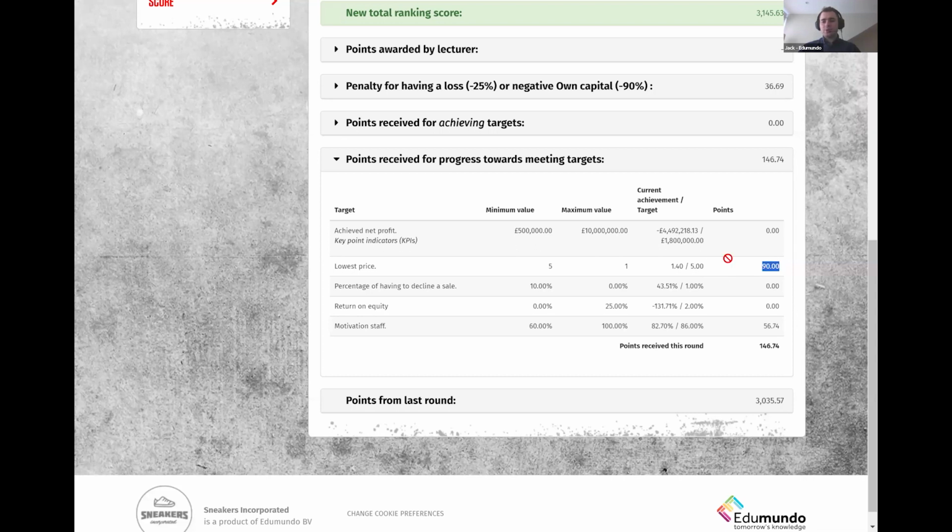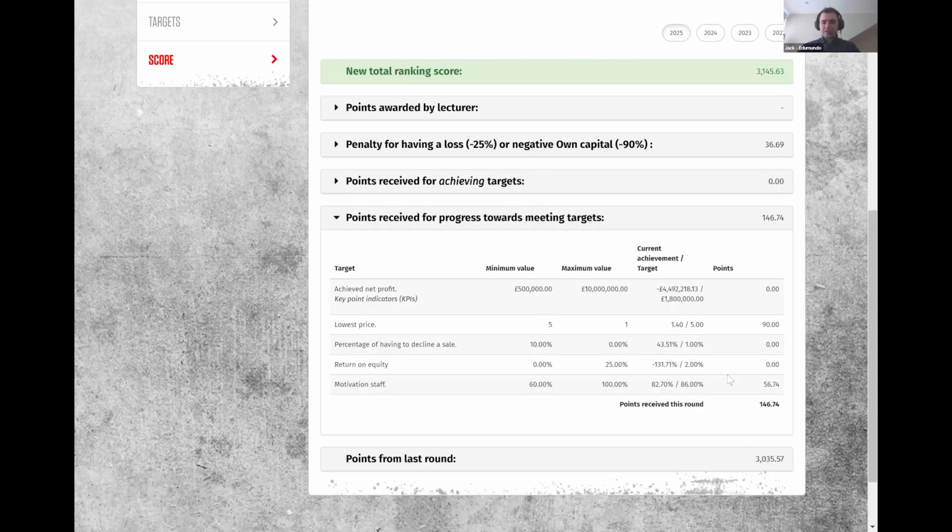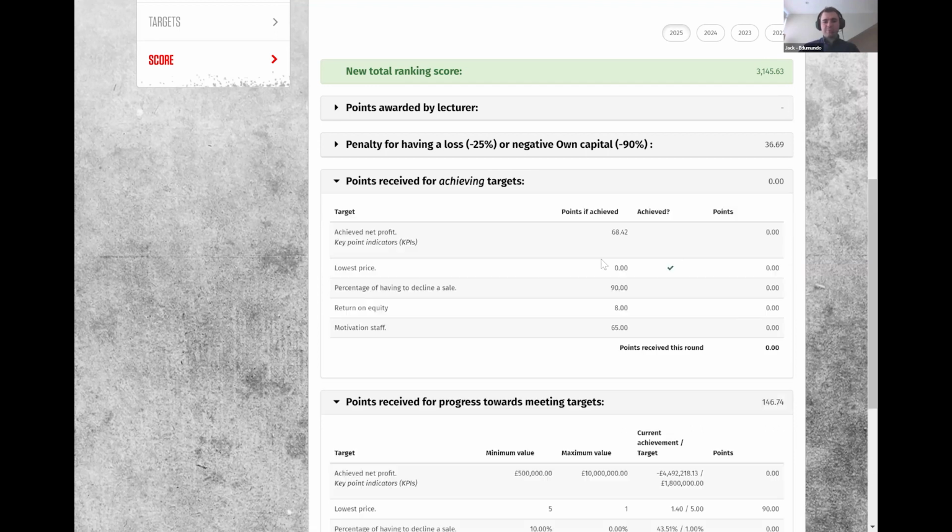But instead, we've only got 90 because we came in 1.4, which is around first, maybe second place, because we were in multiple markets. We can see that because we had actually set the target level to 5, or 5th position, unfortunately, 0 points because it is the lowest level.